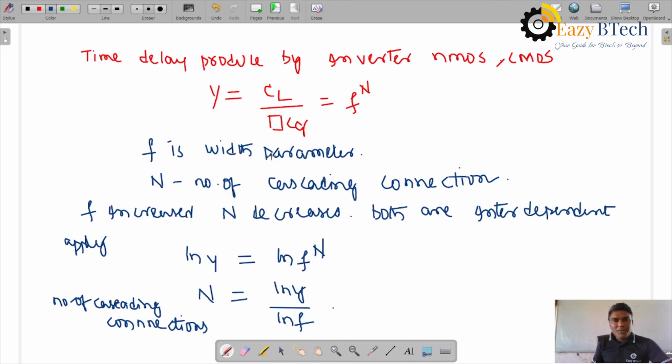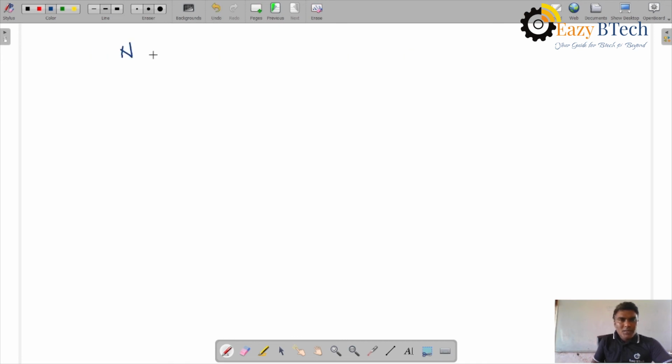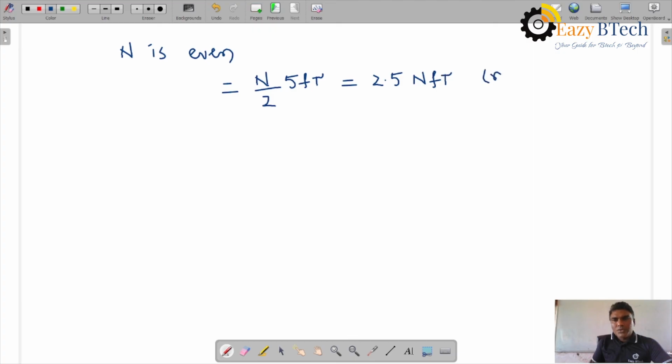F is the width parameter, n is the number of cascading connections. And if n is an even number, an even number of cascading inverters, the formula is n by 2 phi f tau, which will be equal to 2.5 nf tau for NMOS.